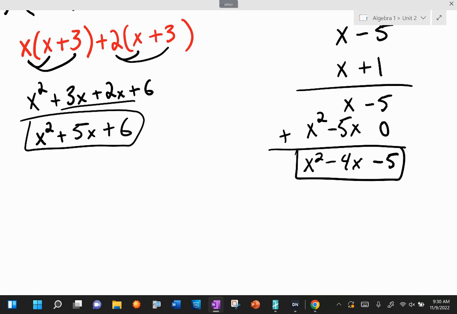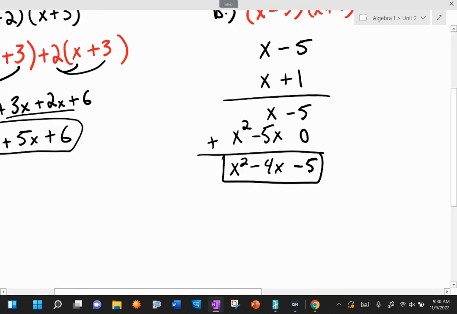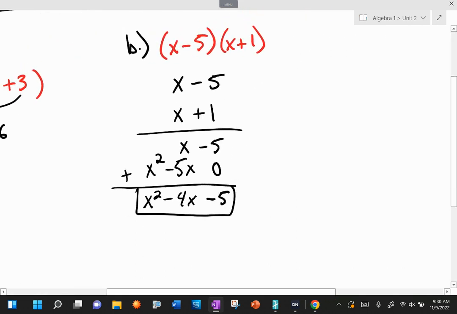Absolutely. Do you do it in this way? Horizontal? Like just show you what it'll look like real quick? Is that what you're asking?